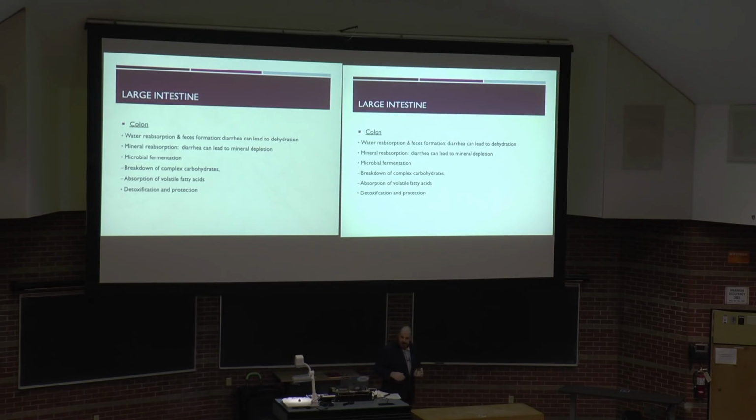So when we talk about the large intestine, we're talking mainly about water absorption and further degradation of the non-digestible constituents of foods. So these are things like your fibers, hemicellulose, pectin, all of these different ingredients that are naturally found in plant materials, but are also extracted and used in the food industry.